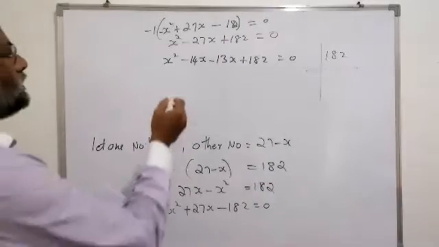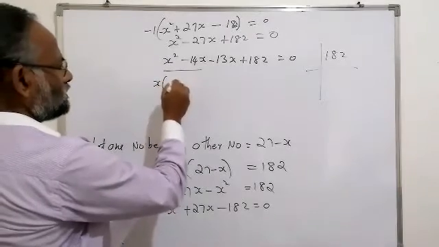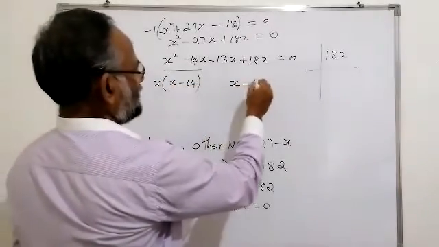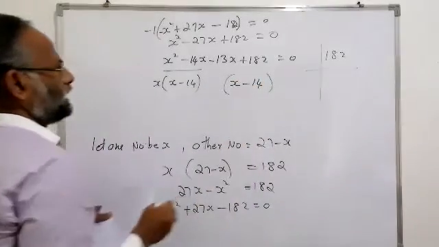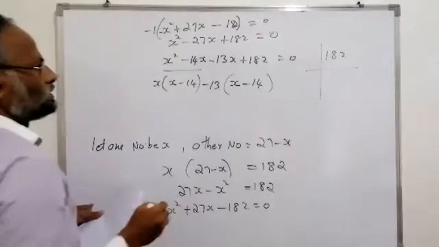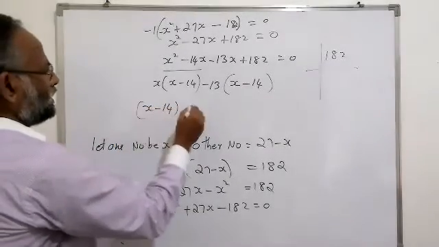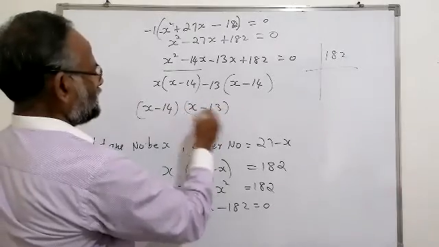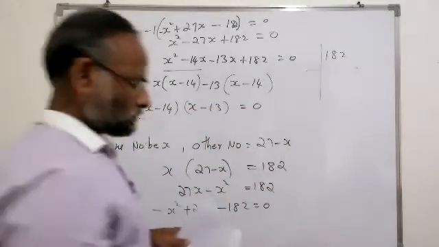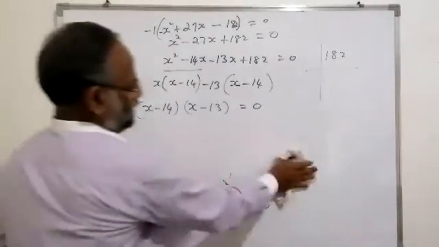Okay, fine. You can see here x. Take x outside, x minus 14. So here must be x minus 14, same thing. And take outside, maybe minus 13. So what did we get? x minus 14 into x minus 13 is equal to 0. Split the middle term only.